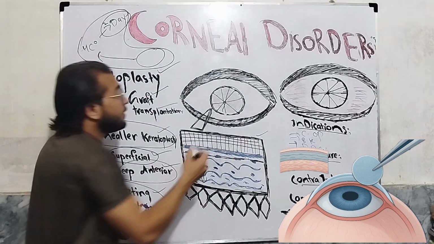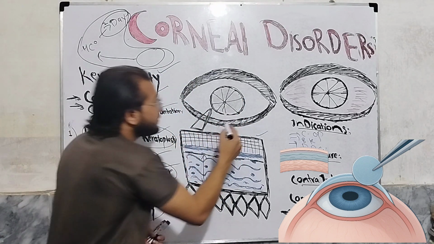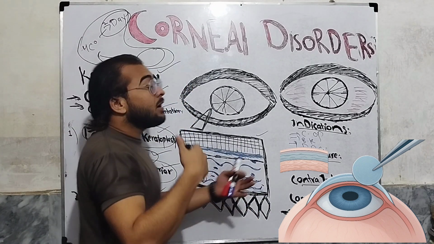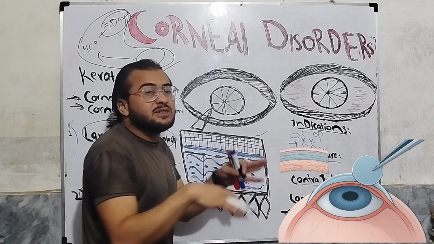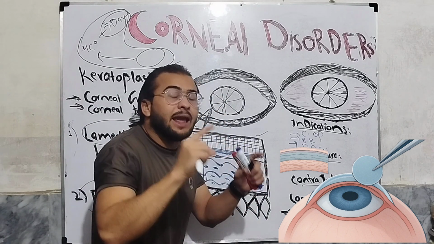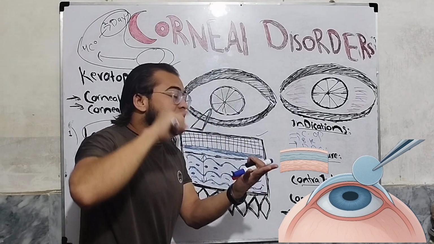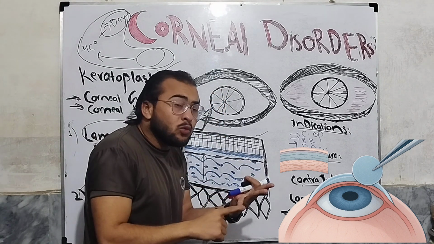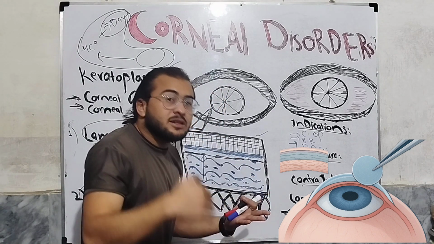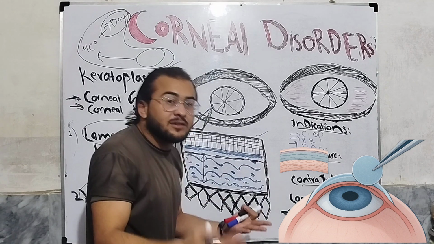If there is any problem with the eyelid, such as entropion, trichiasis, or any other surface disease of the cornea, when there is any active disease of the cornea, such as ocular cicatricial pemphigoid, Stevens-Johnson syndrome, keratitis, infective or non-infective keratitis.